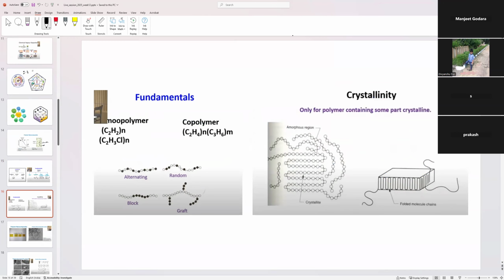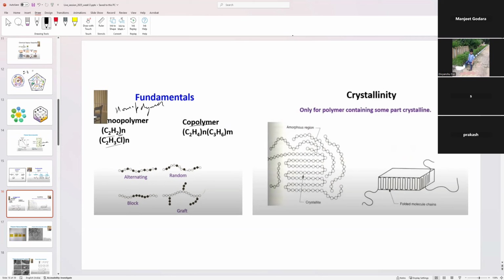Depending on different types of polymerization, you can have homopolymer or copolymer. Homopolymer is just the same unit, so this is ethylene and ethylene unit cells linked together to form your chain.